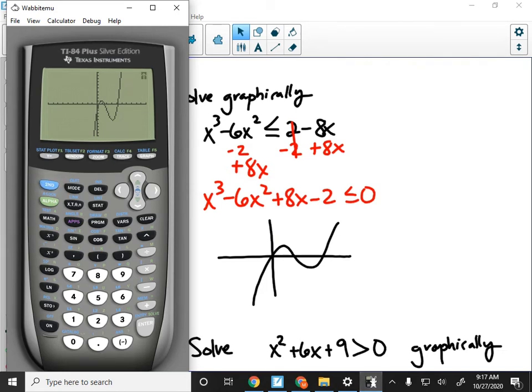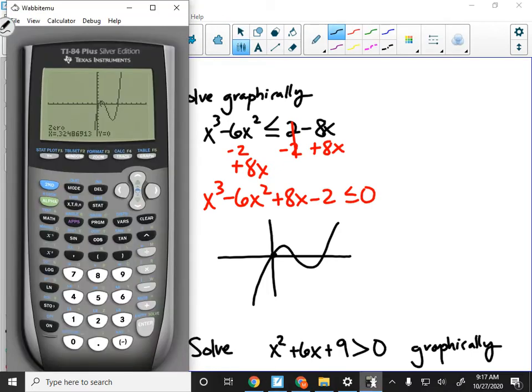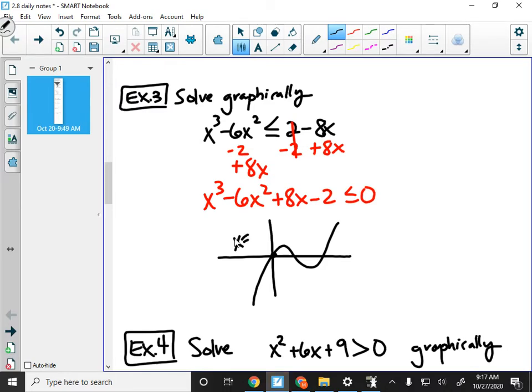And then I'm going to do second, calculate zero. I just realized as I started this one, that last one I typed in wrong. So we will fix that. But on my first zero, it looks like it is at 0.32.